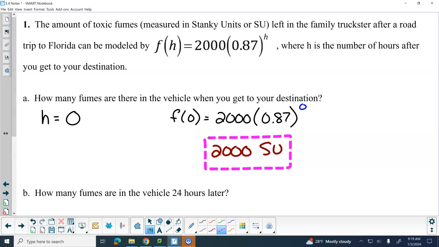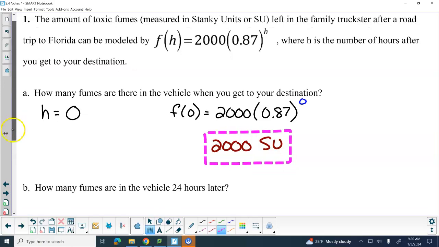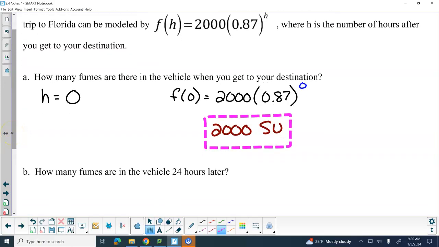How many Stanky unit fumes are in the vehicle 24 hours later? What do we have to do here now? Put 24 in and find F of 24. Okay. Find me F of 24.